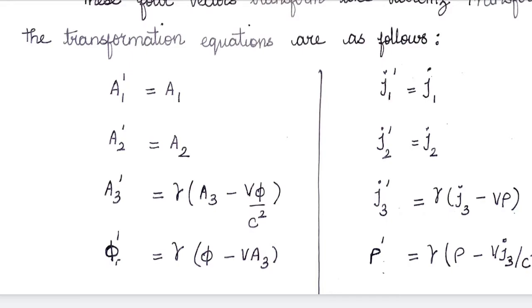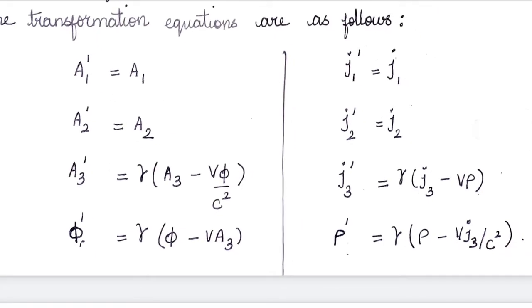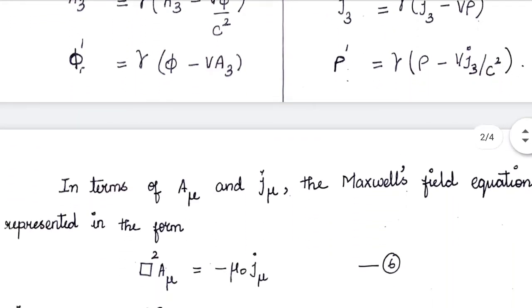In the same way, for the current vector, J1 prime is equal to J1, J2 prime is equal to J2, and J3 prime is equal to gamma into J3 minus V rho, and rho prime is equal to gamma into rho minus V J3 by c square. Here gamma is equal to 1 by root of 1 minus beta square, where beta is equal to V by c.